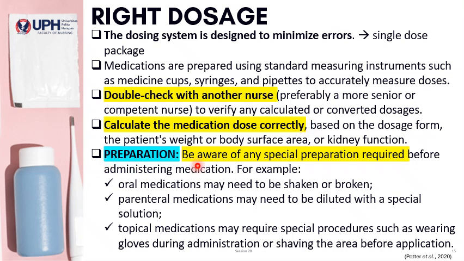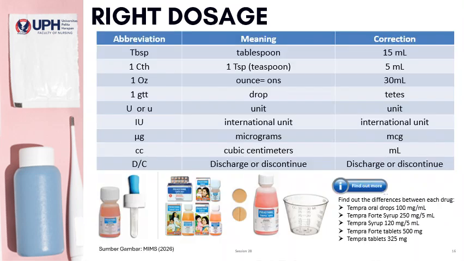As you prepare, be aware of any special preparation required. For example, oral medication may need to be shaken, parenteral medication needs to be diluted with a specific solution, and for topical medications you have to wear gloves or shave before you apply them to certain areas.